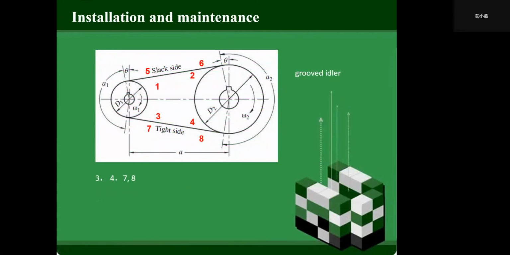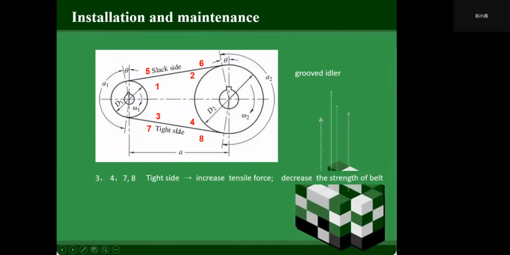Why do we choose the slack side and near the large sheave to install the grooved idler? Because sides 3, 4, 7, 8 are on the tight side.